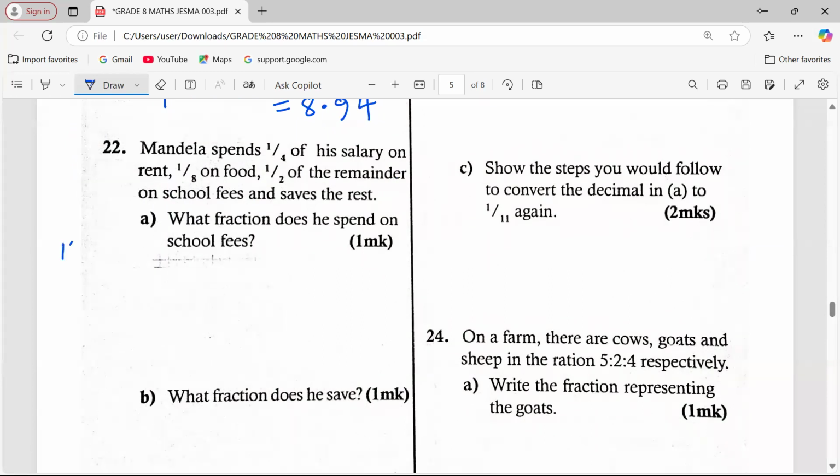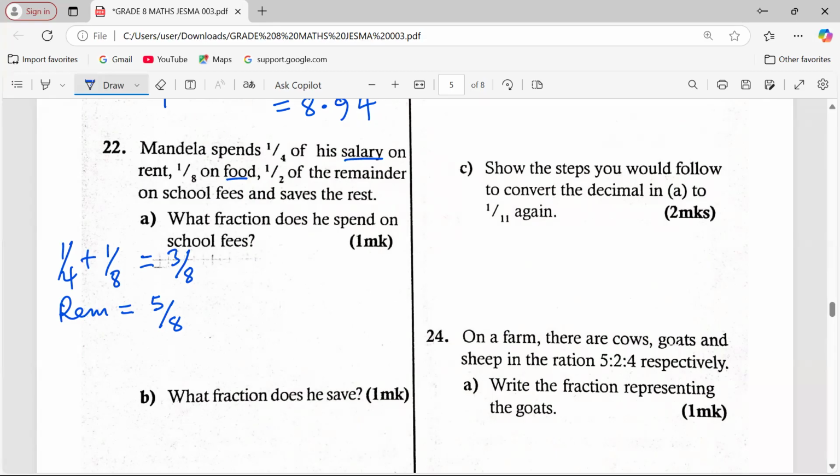When we add a quarter and an eighth, we get 3 out of 8, which means the remaining fraction is 5 out of 8.